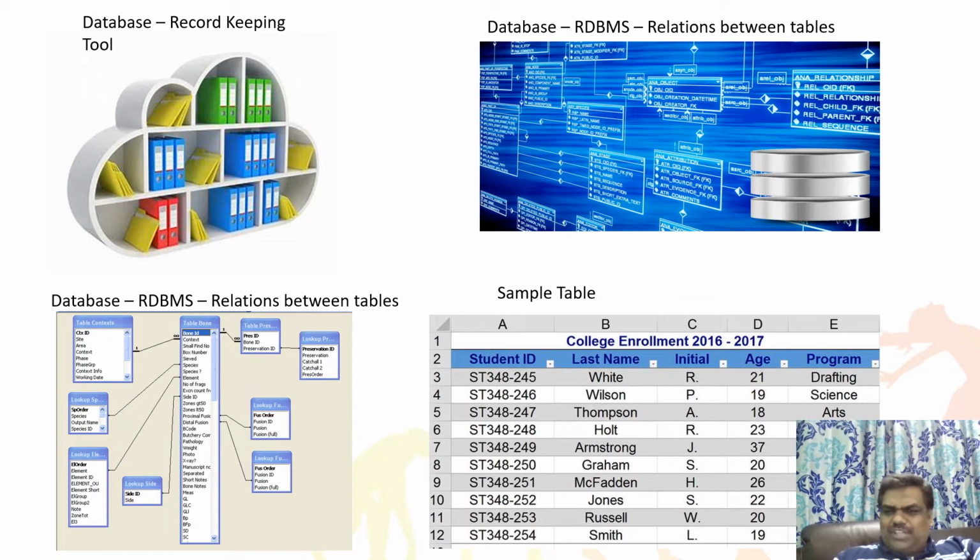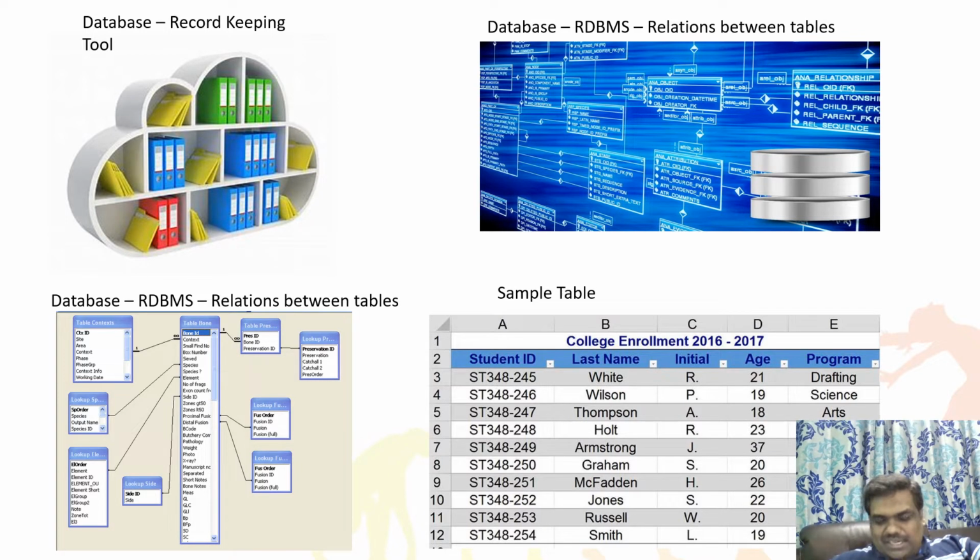So the sample table, if you want to see how usually the sample table will be. So this is the picture, like this sample table, right? It has student ID, last name of the student, the initial of the student, age of that particular student, and what program he is studying. So it is all connected. See, there are rows, there are columns.